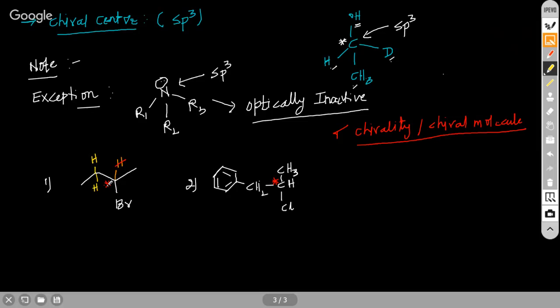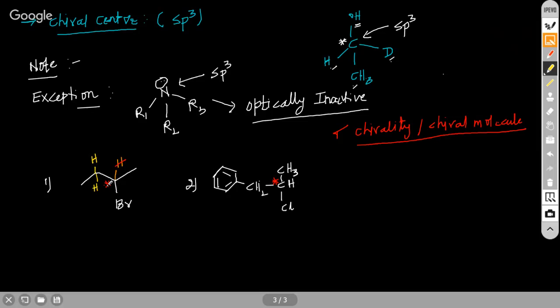Right? All these 4-5 points that I've given you are very important. Now, again, the necessary and sufficient condition for a molecule to be optically active is that it should be chiral in nature.